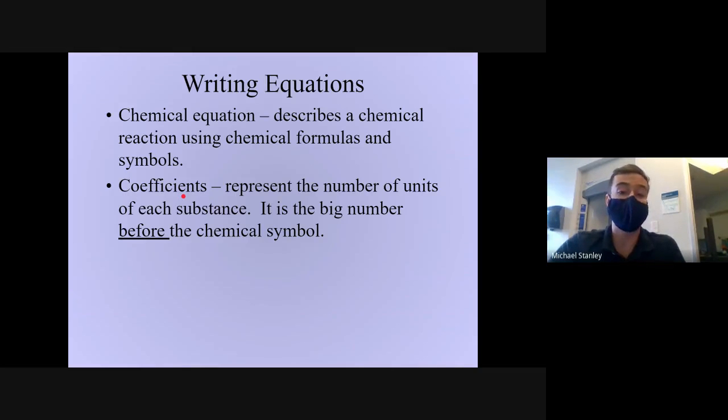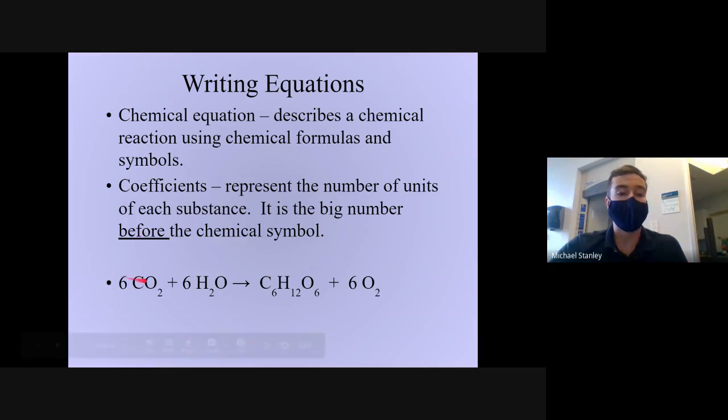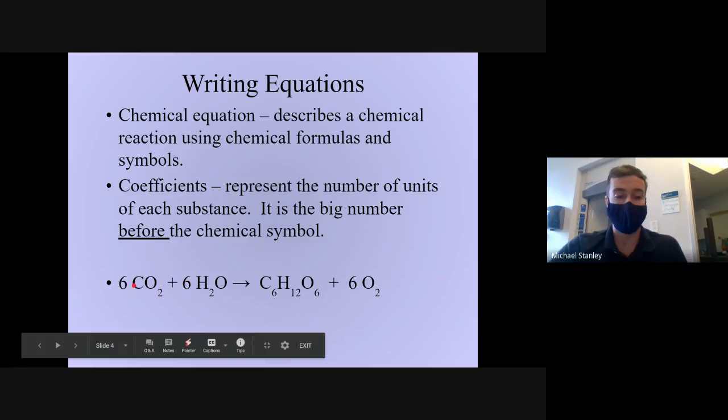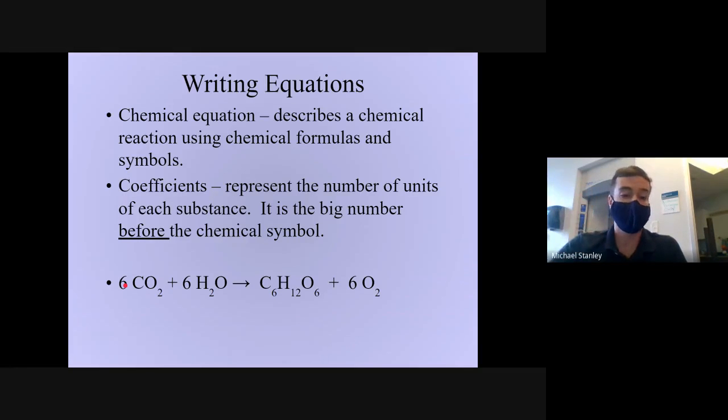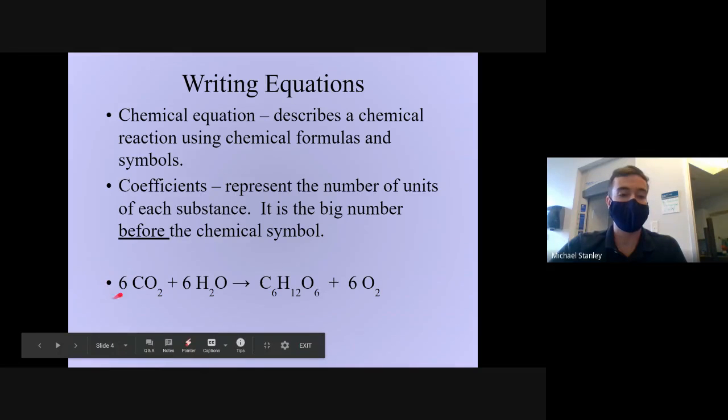You can find the coefficient because it'll be the big number in front of each chemical symbol. On our photosynthesis equation right here, we have three different coefficients. There's this 6 right here, this 6 right here, and this 6 right here.